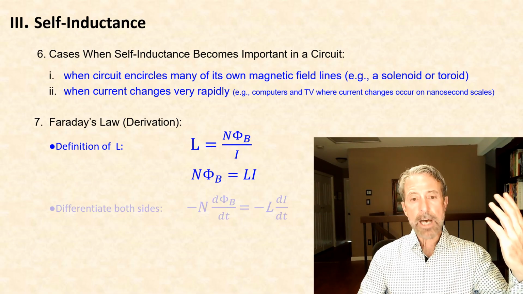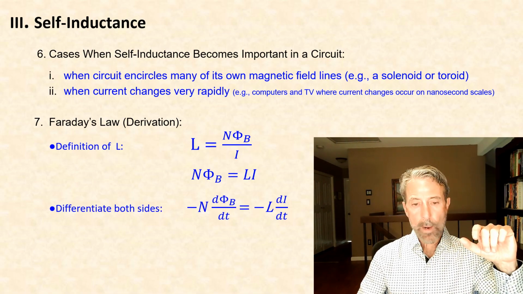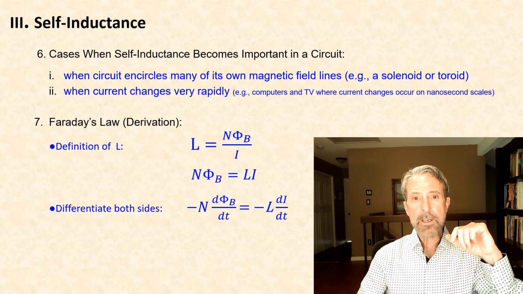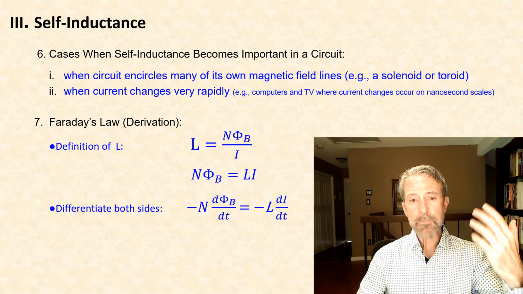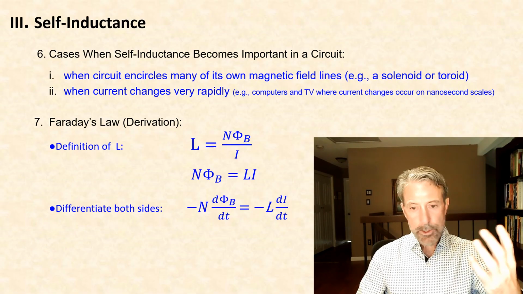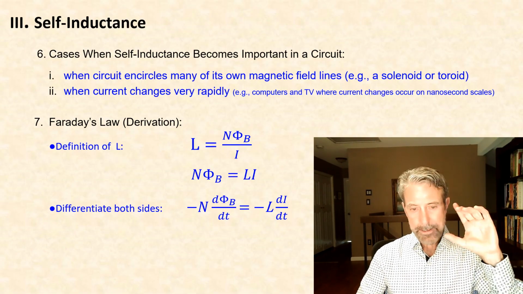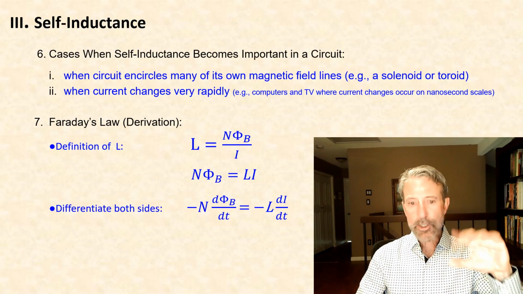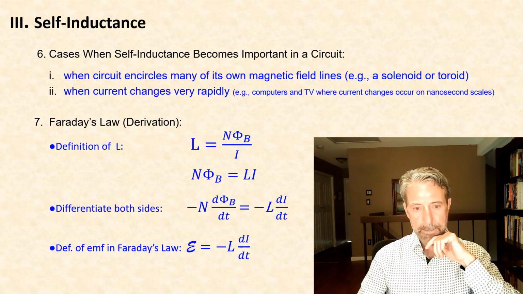We will now take the time derivative of both sides of the equation, and we will add in the negative sign. When we do so, on the left-hand side of our equation, according to Faraday's law, this is simply the total time rate of change of magnetic flux, which is exactly equal to the induced EMF in the circuit.